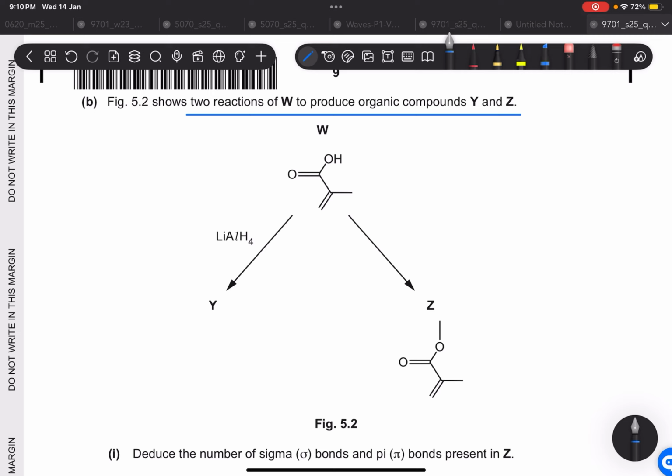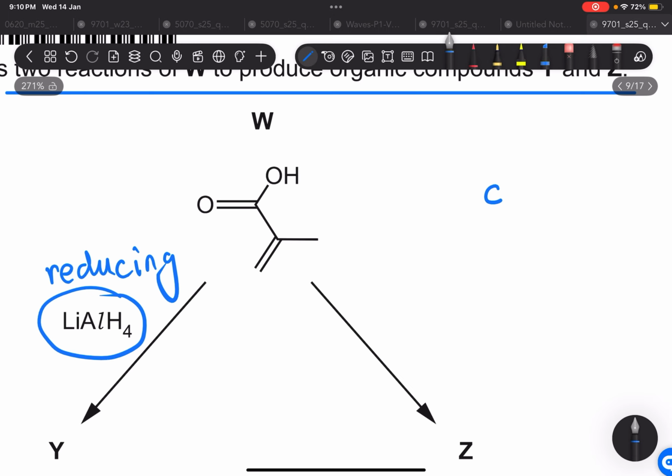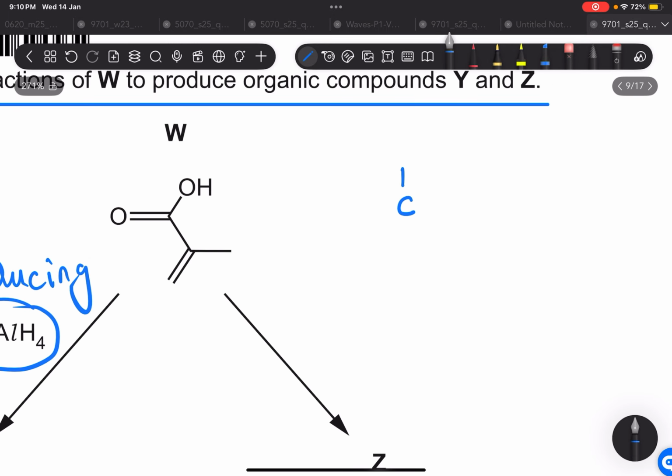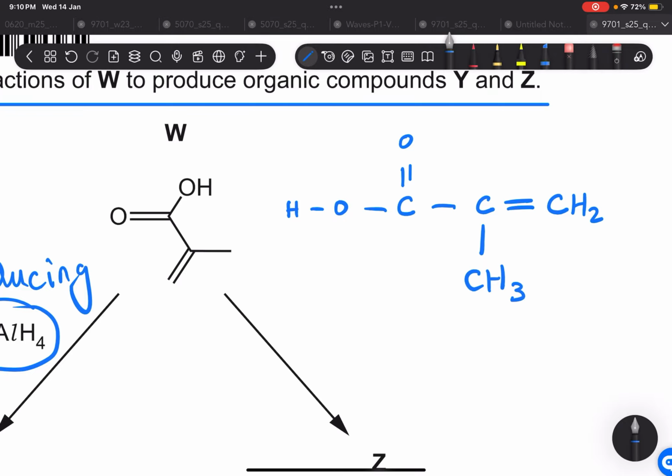Okay, so the first reaction is that we are adding a reducing agent to it. So what was W? Let's draw it again. We have a carbon that is double bonded to O. Then we have an OH here that's bonded to another carbon that's double bonded to another carbon that's bonded to a CH3, and there's a CH2 here. Done.